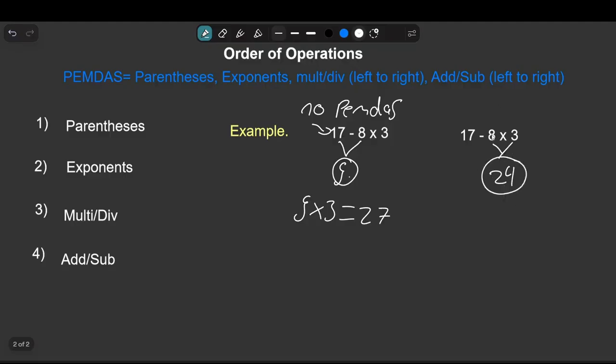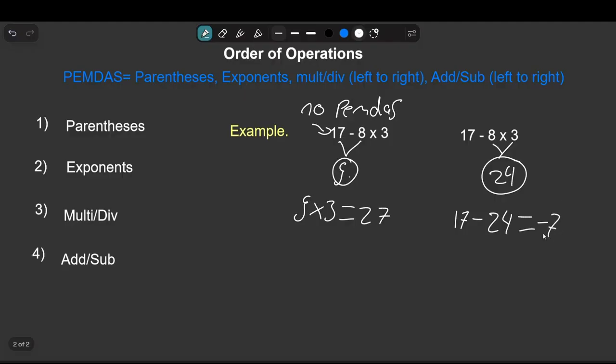So now we are using the order of operations, and as you can see here, we didn't get anywhere close to 24. So now, with the 24, we just solve the problem normally. We do 17 minus 24. Like this, you will get the correct answer, which is minus 7.